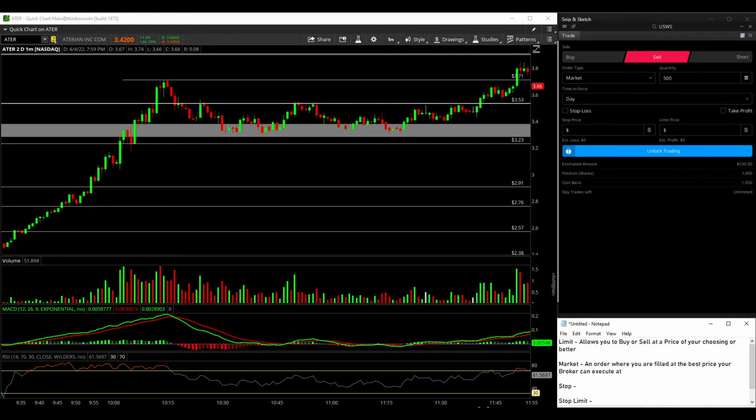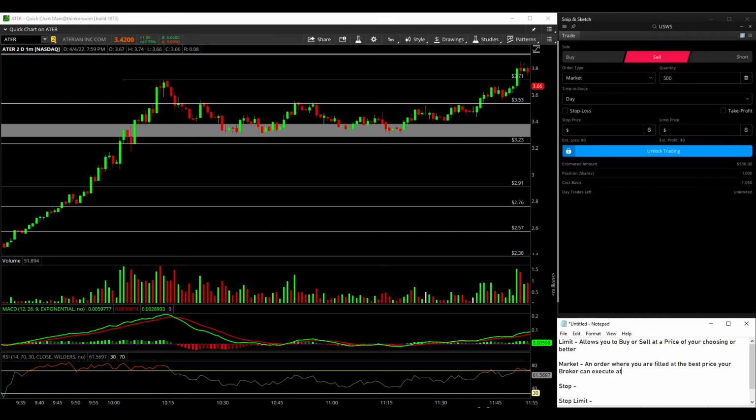So you use market orders to get in and out super quick. You're not guaranteed any price. If you press sell at 3.25, you're not guaranteed to get out at 3.25. You could get filled at 3.23, 3.24, 3.22, whatever. A few cents on or off, depending on how quick the price is moving.